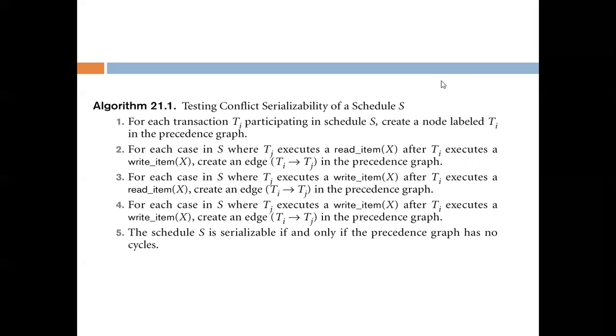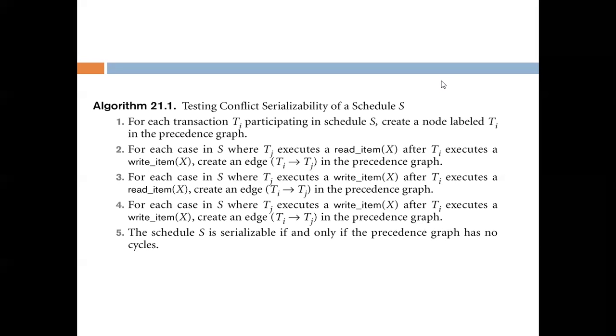So in these three cases, Ti is the one which is executing first. When Ti reads or writes and the other one does the opposite, then an edge is created from I to J. The only case where an edge is not created is when both of them perform the read operation.